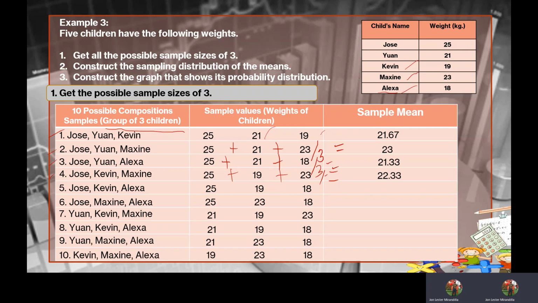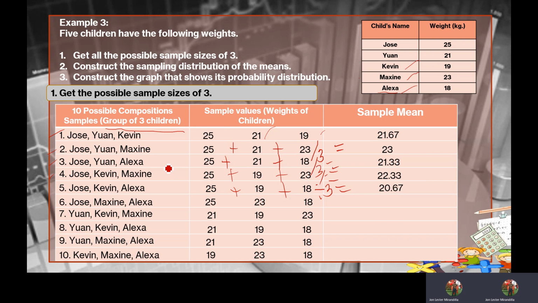Next tayo, 25 plus 19 plus 18. Then, i-divide nyo lang siya sa 3. Makukuha nyo dyan 20.6666 to 7 yung dulo. Kaya, i-round off nyo ulit, 20.67 na lang.